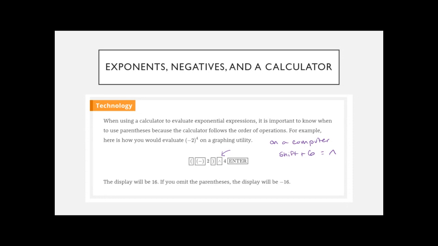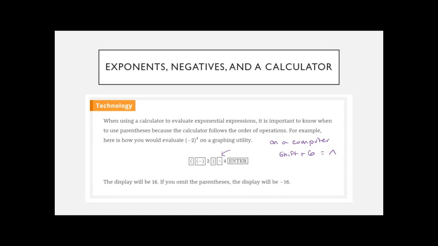And it's really important that when you are taking exponents, you have parentheses, especially if you're taking an exponent of a negative. The example here is -2 to the 4th power, which is another way of saying that the exponent is 4. You have to put the -2 in parentheses, because if it's not in parentheses, then it's going to do 2 to the 4th power and then put a negative in front.